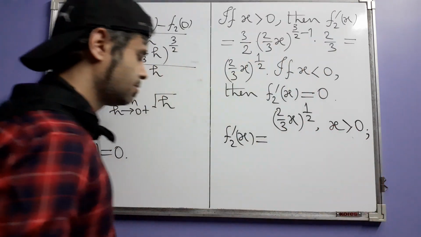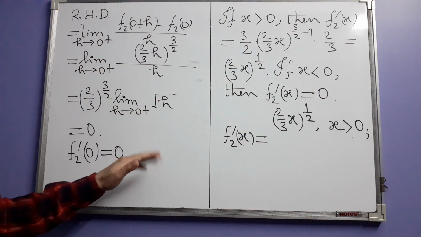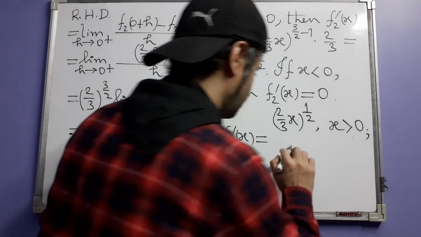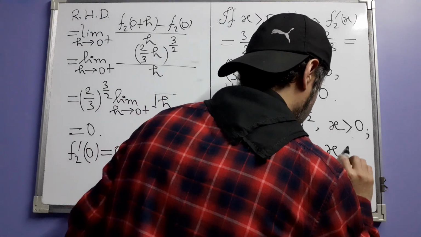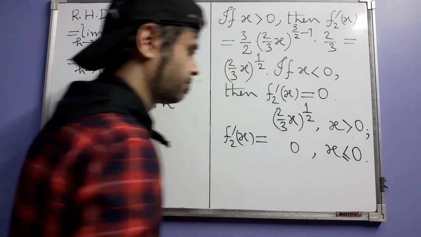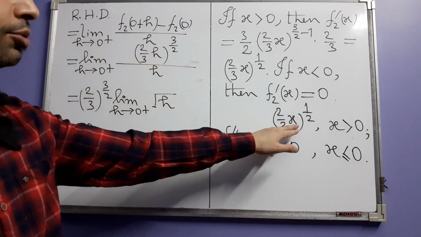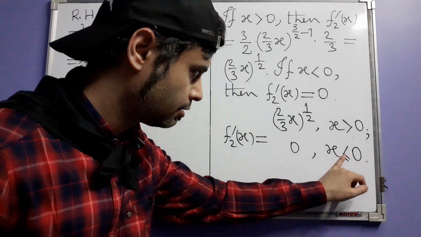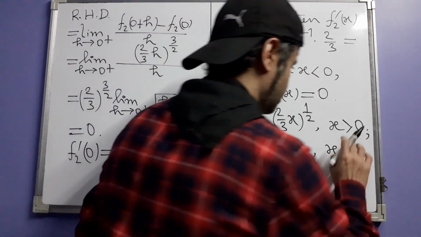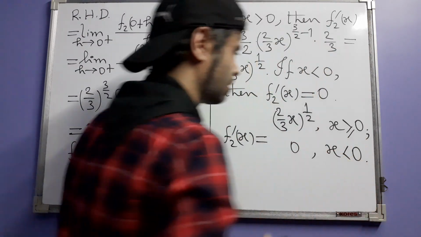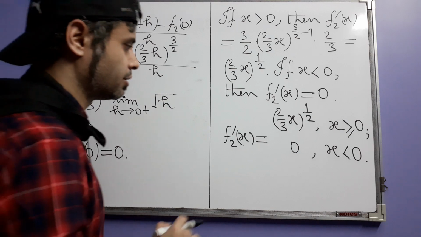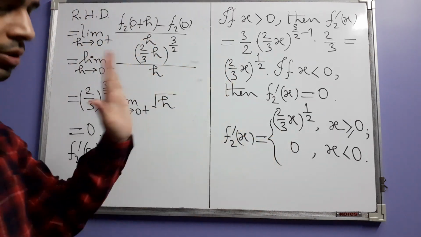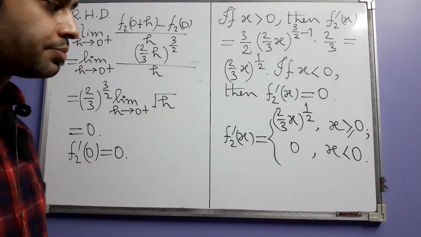When x is 0 and when x is negative, the derivatives are equal to 0. However, if you put x equal to 0 here, then also you get 0. So, you can slightly change the definition and club 0 with that upper part. So, this is what the derivative of f2 is.